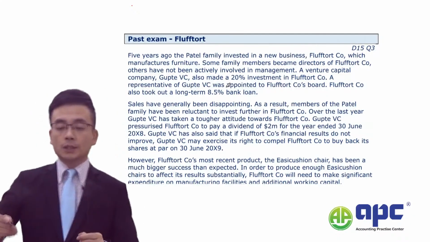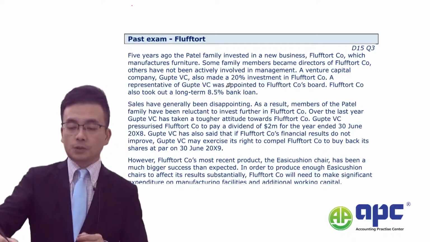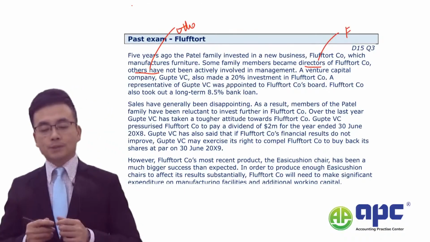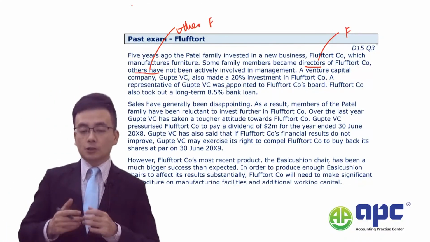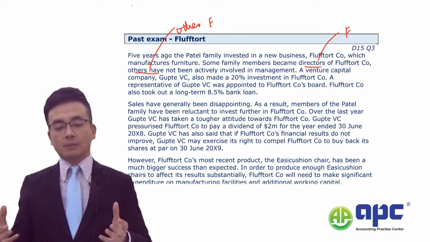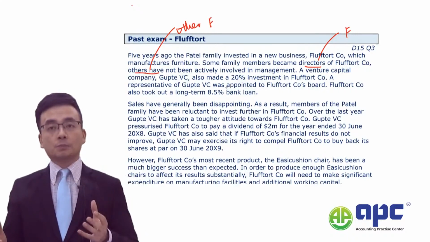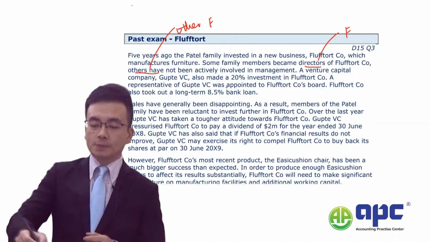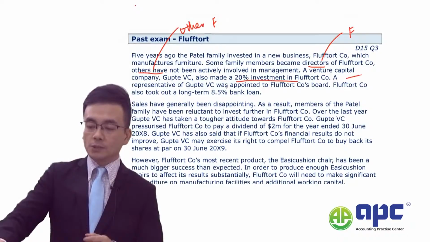So the directors are also called the family members, and these are the other family members. Also, we're told that a VC, or venture capital company called Gupti VC, also made a 20% investment in there. So VC has 20% shares.